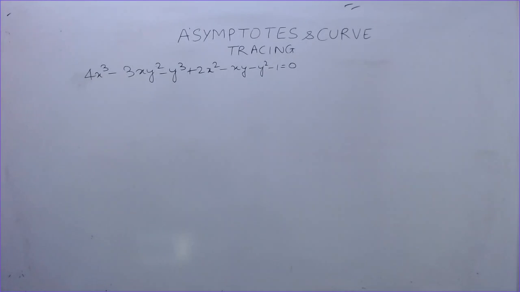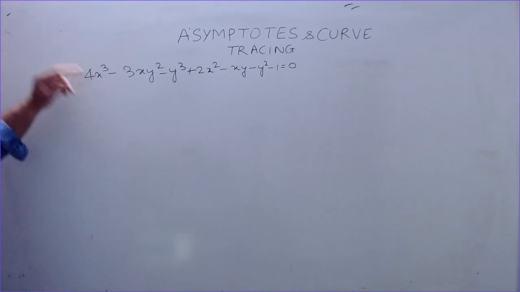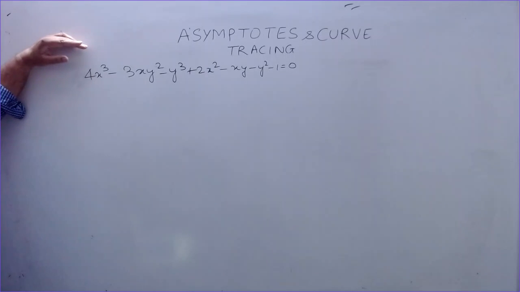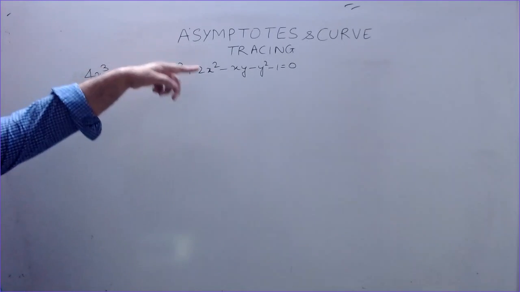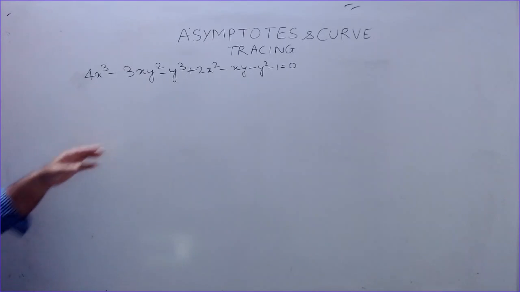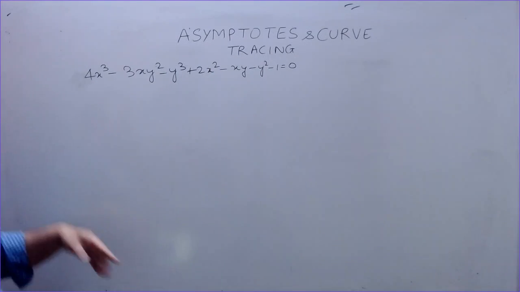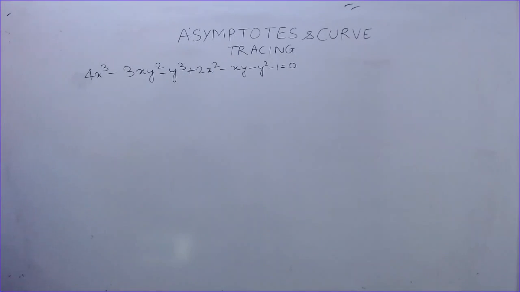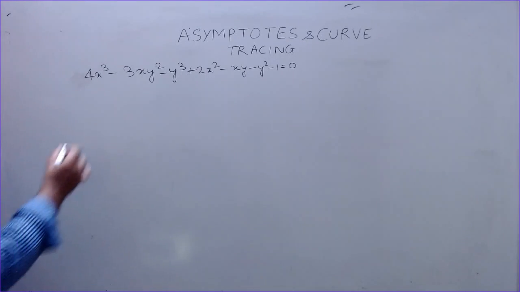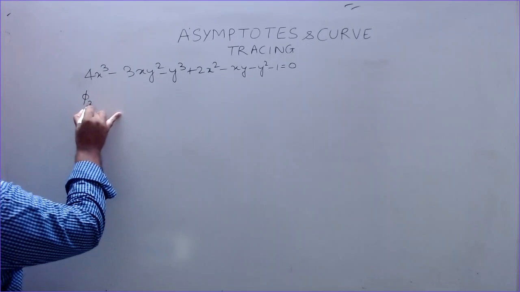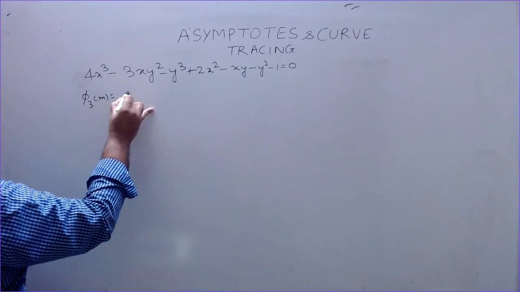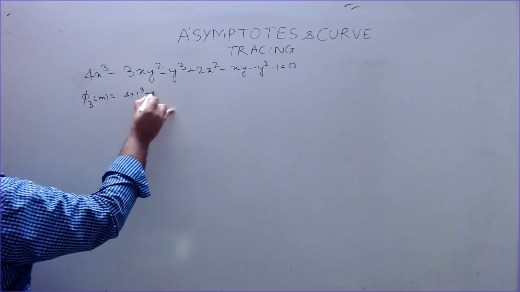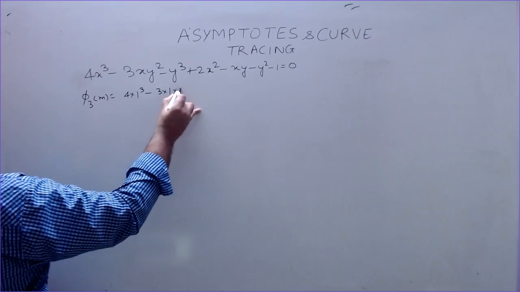So what is the degree of the equation? Degree is the maximum power of the variable. So it is 3 here, similarly 3 here, 3 here, and the rest are 2 and the constant. So the maximum number of asymptotes will be 3, and we have to find those. So phi 3 m: third degree terms are this, put x equal to 1 and y equal to m.